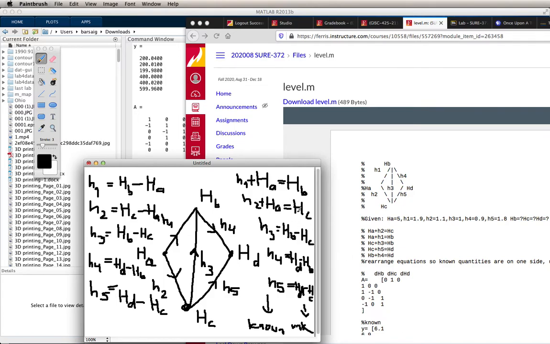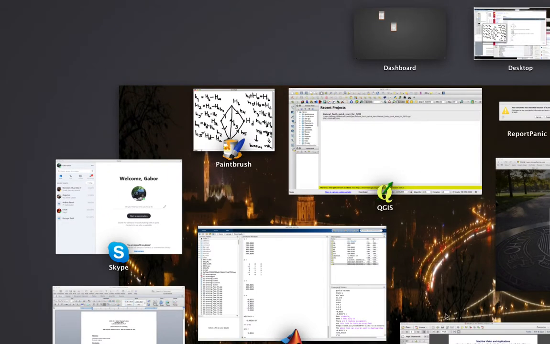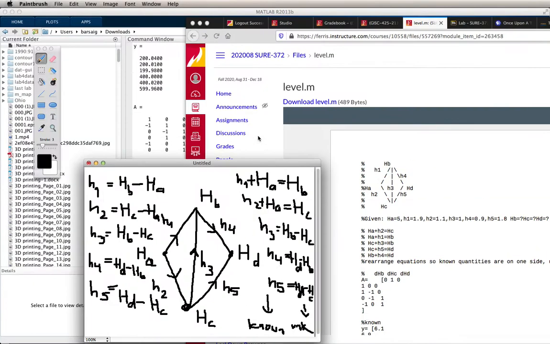The partial with respect to HC. The Jacobian is the partial with respect to the unknowns. So that's 0, 1, 0. And this is going to be our second equation, 1, 0, 0.